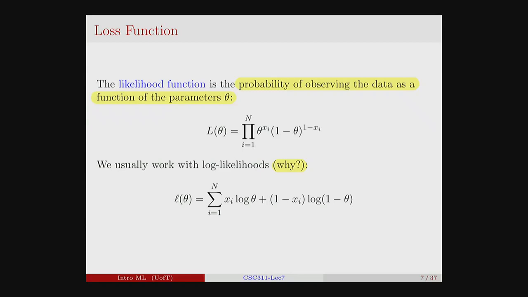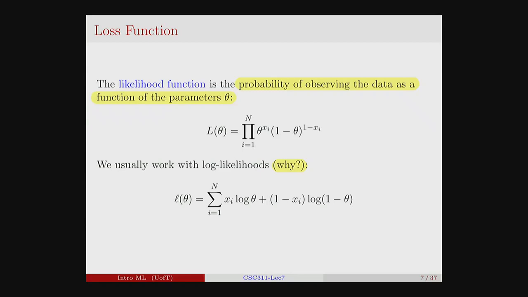Right. So the answer was that products can be difficult to work with. And one reason why they're difficult to work with is, think about what happens when you multiply 0.05 with 0.05. You get 25 times 1e minus 4.